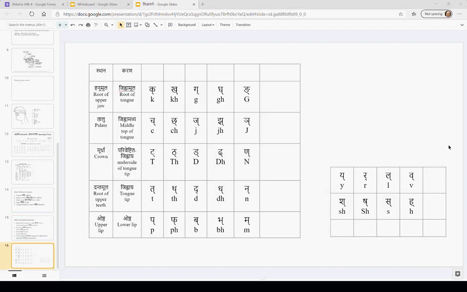Another thing to remember is Alpa Prana and Mahaprana. Before that, I would like somebody to pronounce some of these words, mainly the Murdha words. We can start with this one. This letter, like ka.